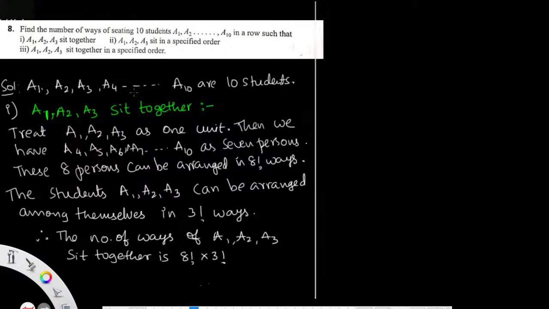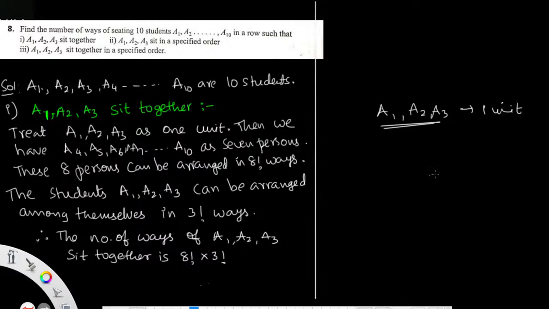First, how many students are there? A1, A2, A3, and so on up to 10, so totally 10 students. The first question says A1, A2, A3 sit together. Sit together means always treat them as one bundle or one unit. There are three persons, A1, A2, A3, treated as one unit, because they sit together.